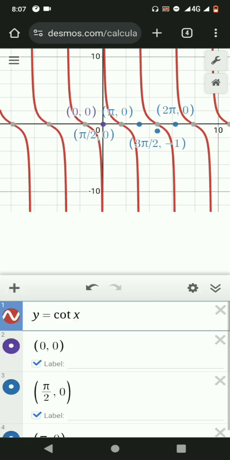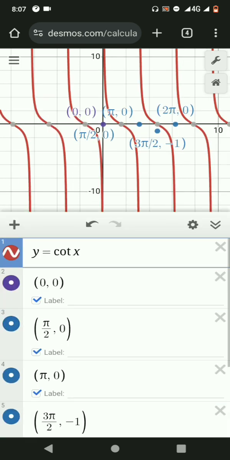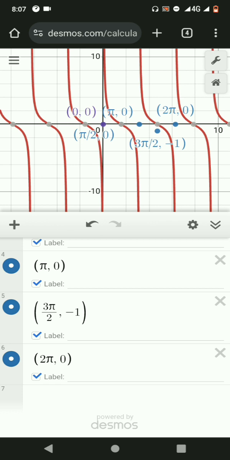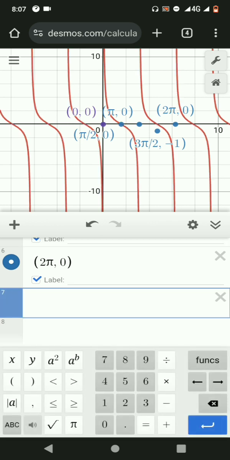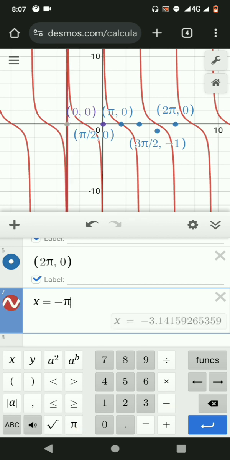Now we will put its vertical asymptote, which is x is equal to negative pi. So there, negative pi.